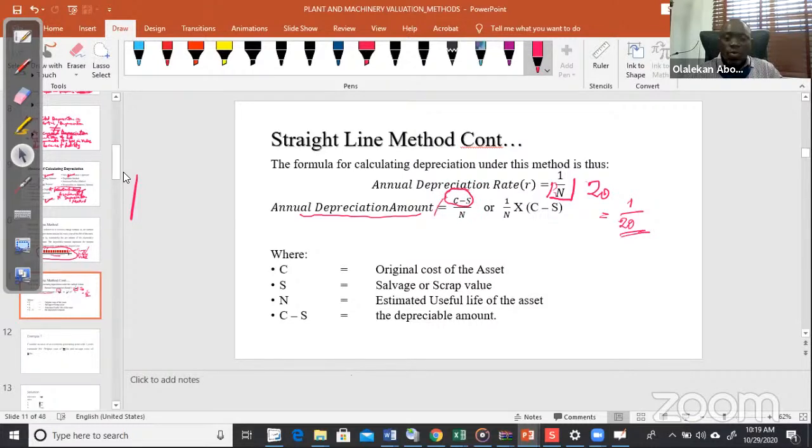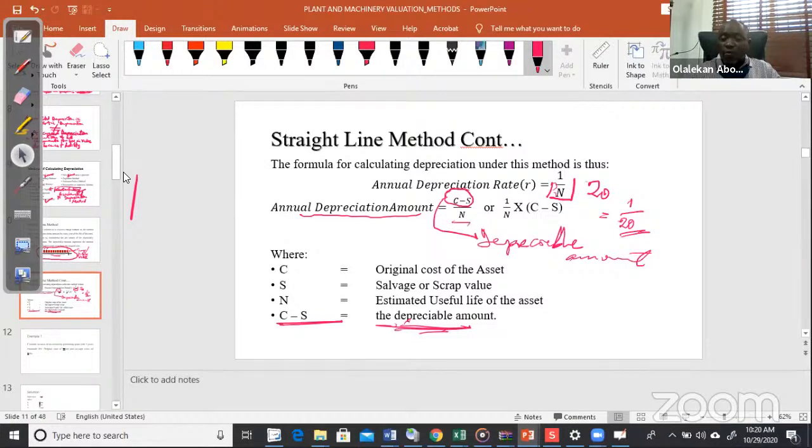That is your depreciable amount or your depreciable sum. That is what depreciation can consume. You can see I put it here. So in calculating the annual depreciation amount, it's going to be your depreciable sum divided by your life expectancy, which is your N.